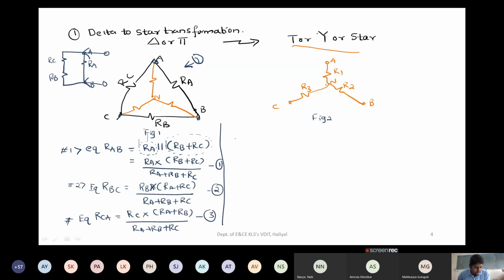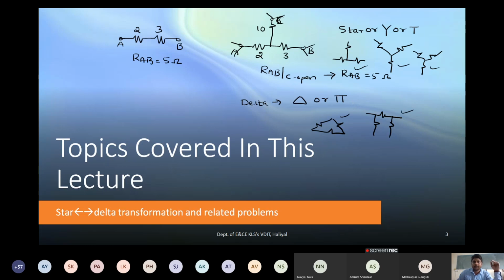Similarly, on the same basis, if you take this star equivalent here, how to define RAB? As I told in the previous slide, this will be like this condition.